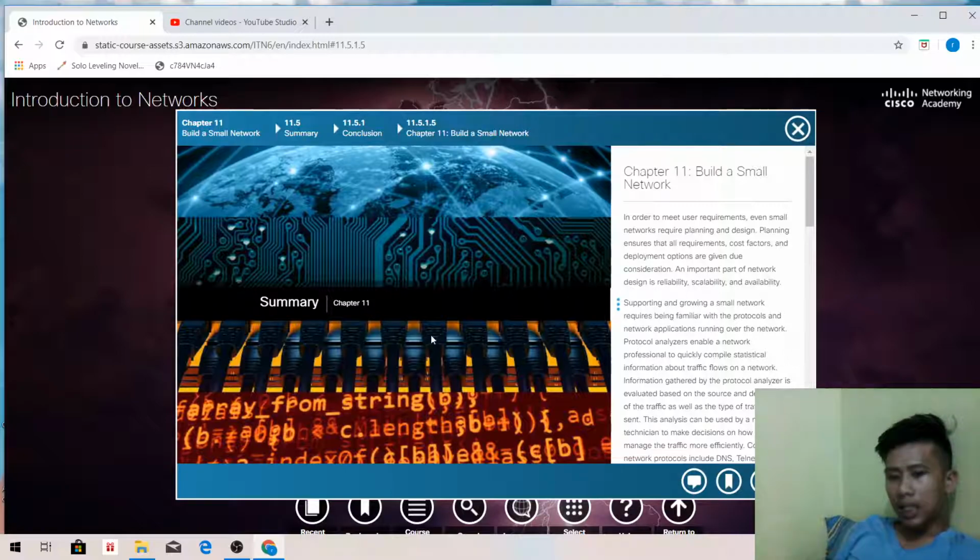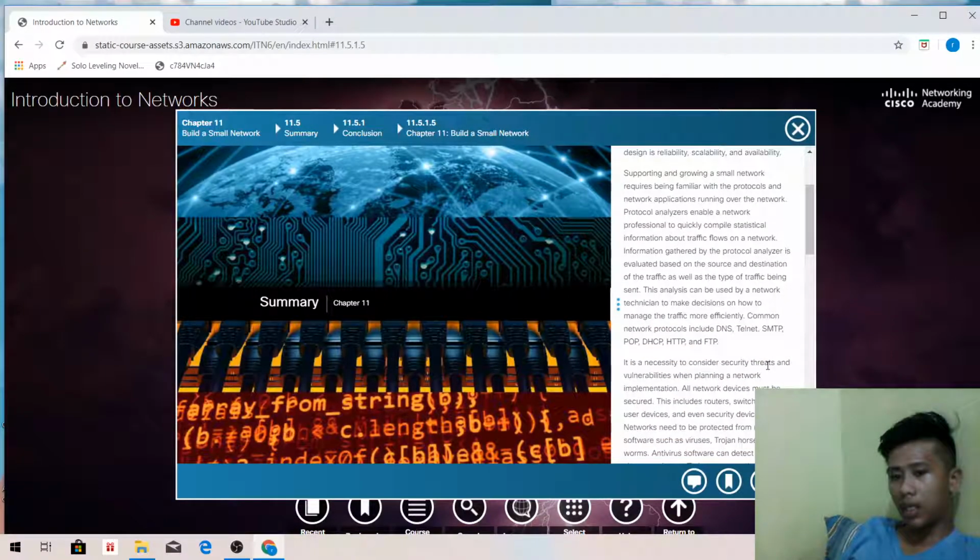This analysis can be used by a network technician to make decisions on how to manage the traffic more efficiently. Common network protocols include DNS, Telnet, SMTP, POP, DHCP, HTTP, and FTP.